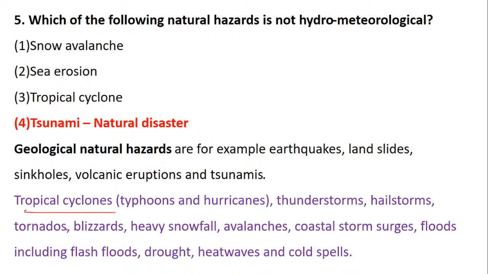I have shown this with diagrams in our theory classes, so you can refer to it. Heavy snowfalls, avalanches, coastal storms, floods, flash floods or droughts, heat waves or cold spells. These come under hydrometeorological, that is water and energy. Is it clear? Fine. And tsunami is a geological natural hazard, and under that also various examples are given.